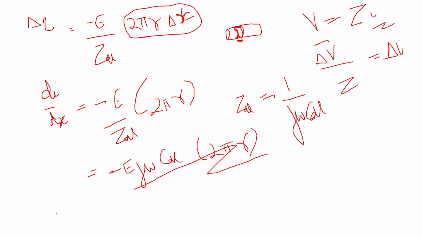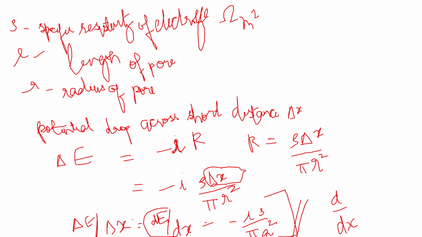So if I do that, I'll get d square E by dx square. I'm differentiating this equation. Okay, d square E by dx square is equal to minus di by dx into rho by pi r square.